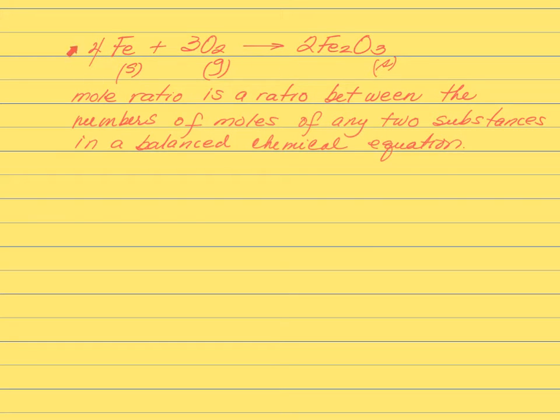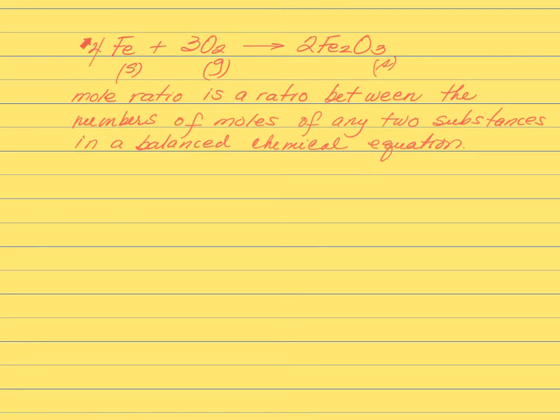Let's say that instead of having 2 of this, I have 1/2 of this. See that? If with 3 I made 2, with half of 3, how many moles of iron trioxide am I going to be able to produce? And that comes from the analysis of the mole ratio.